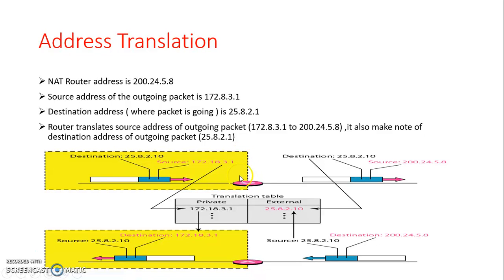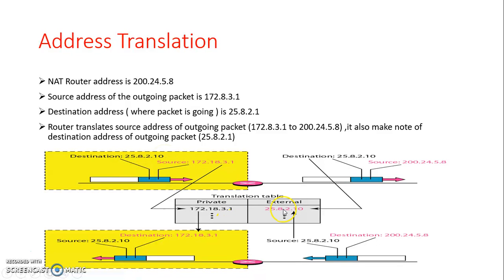So when the router translates the source of the outgoing packet, that is 172.18.3.1 to 200.24.5.8, because it goes through this router, this address is translated to the NAT router box address. While doing so, it also makes note of the destination address where the packet is going. The destination address is this.